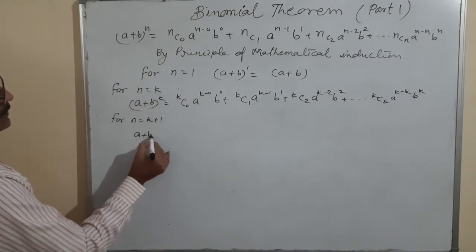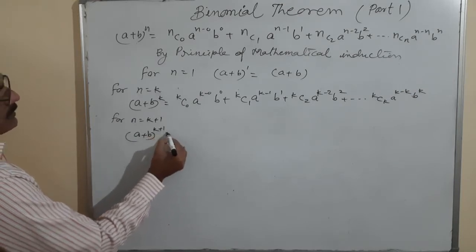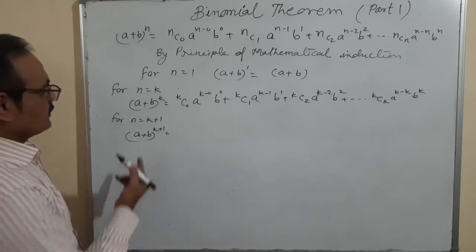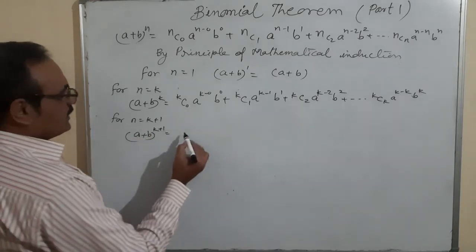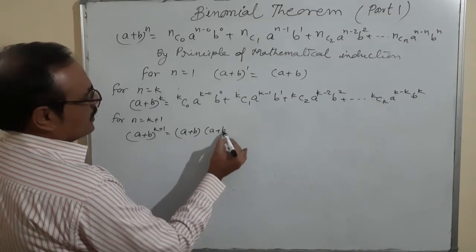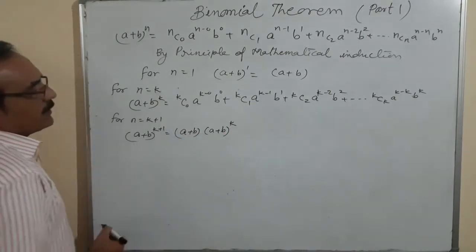So I'll write here (a + b) to the power k plus 1. And what does it mean? As per the laws of exponents, x to the power m plus n, that means the powers of x multiply. So may I write (a + b) to the power 1 times (a + b) to the power k. Is it okay?